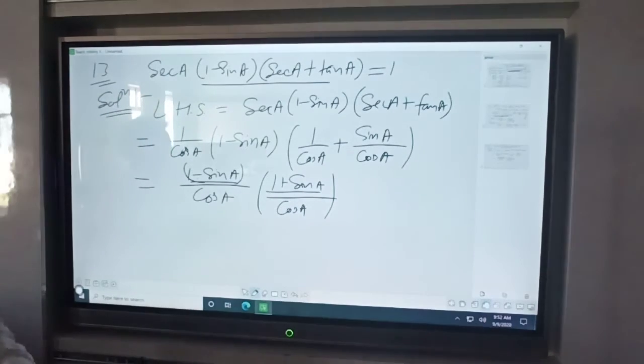A minus B and A plus B. A minus B into A plus B becomes A square minus B square.